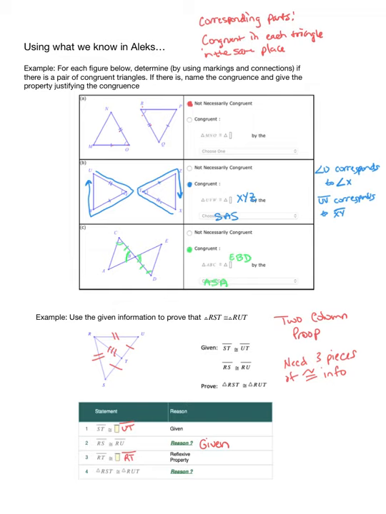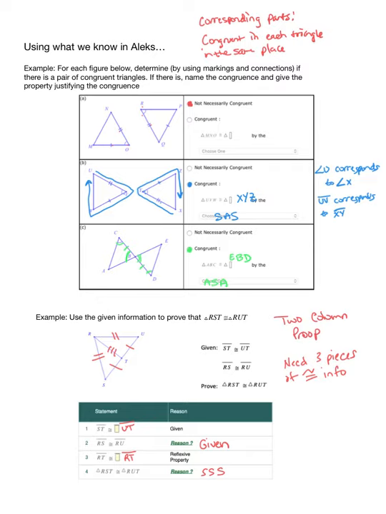And the reason? Side, side, side. This is called a proof. You just proved mathematically that those 2 triangles are congruent. You used the information we gave you, and then you used information you knew that was mathematically sound.